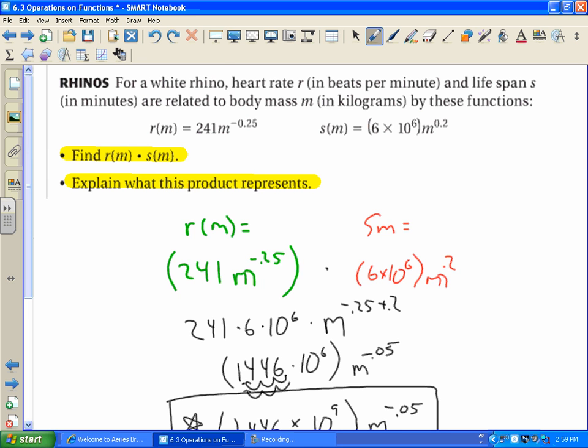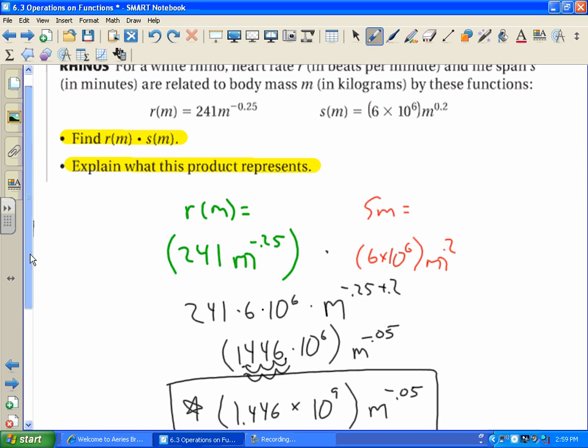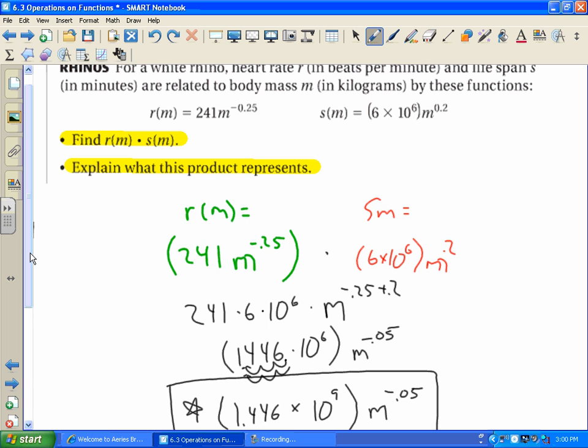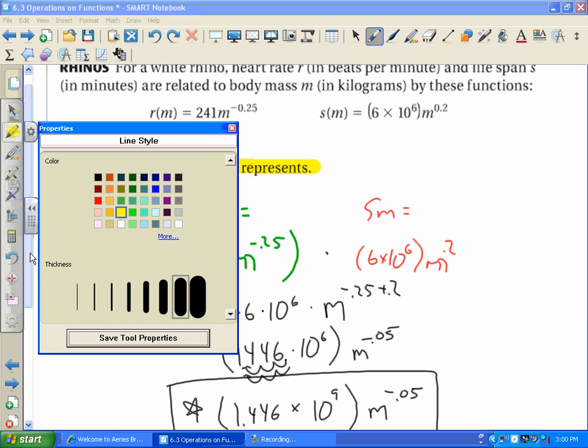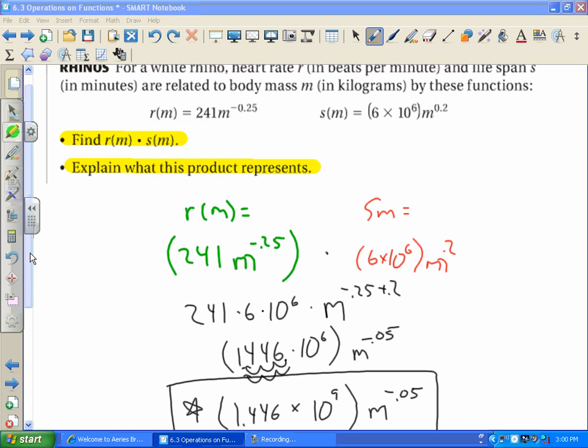Next part of this problem: explain what this product represents. In other words, what's happening? Well, we've got a rhinoceros here, and we've got a unit m, which stands for mass. That's how much this thing weighs, body mass. How much the rhino weighs.